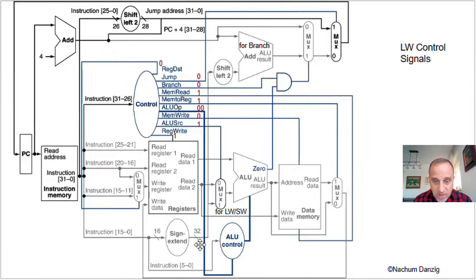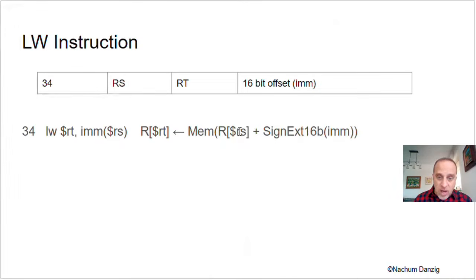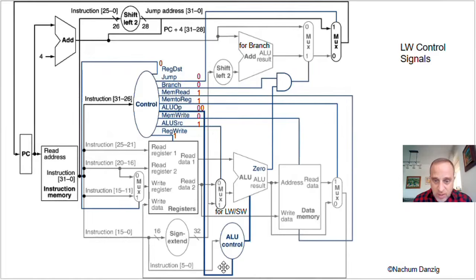That's going to be very important for us because we take that value and we want to add it, if you recall, to the RS. That's what it says over here: add it to the register value of the RS. So let's do that. The RS is coming into the ALU. How can we get this sign extended value to come into here?